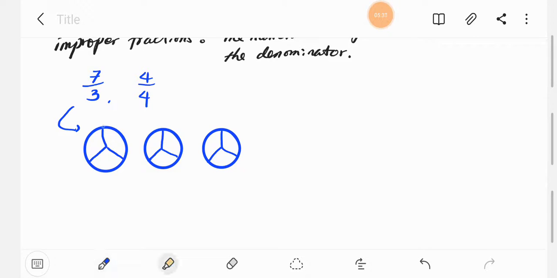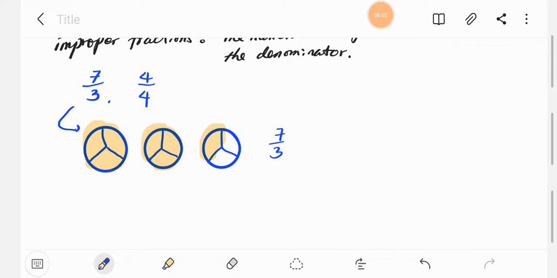So here is 1, 2, 3 parts, another 3 pieces, so 6 pieces, and we select 1 piece out of 3. This is equal to 7/3, which is 7 pieces of 1/3.